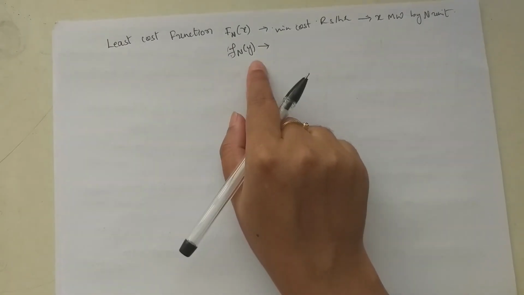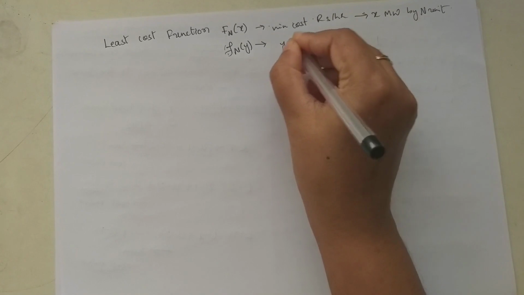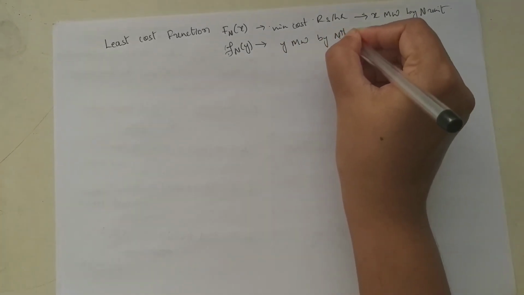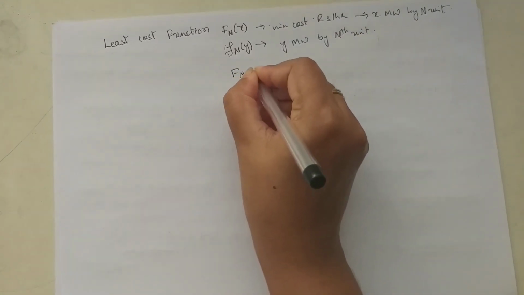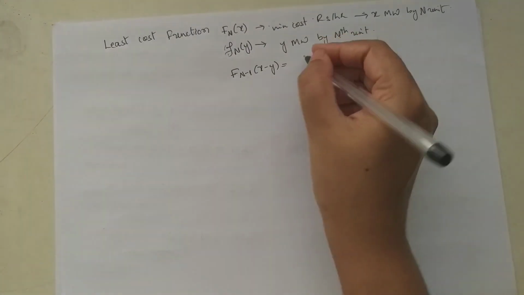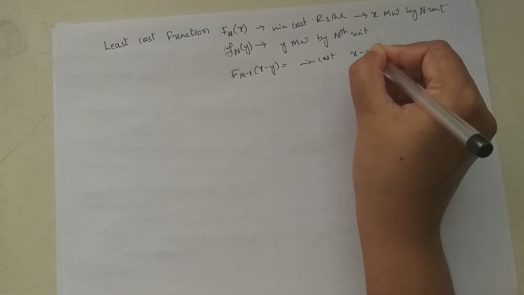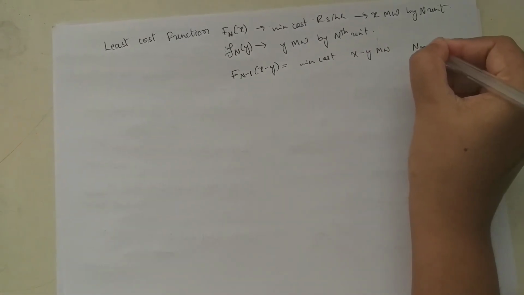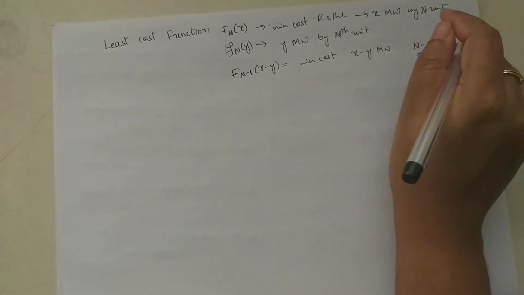Let fn of y be the cost of generating y megawatt by the nth unit, and let fn minus 1 of x minus y be the minimum cost of generating x minus y megawatt by the remaining n minus 1 units.